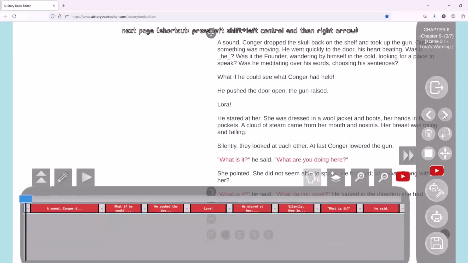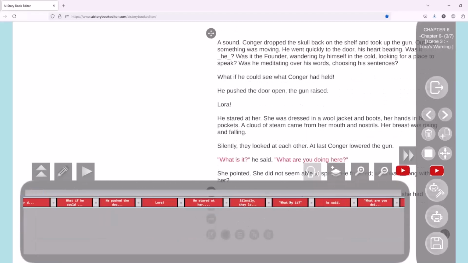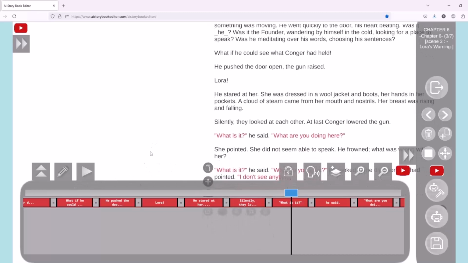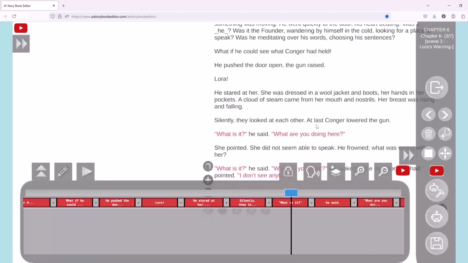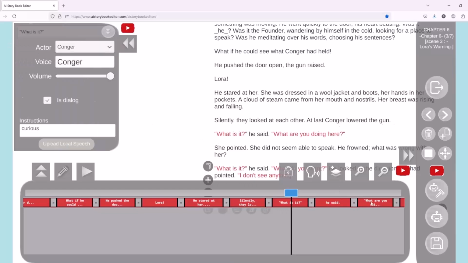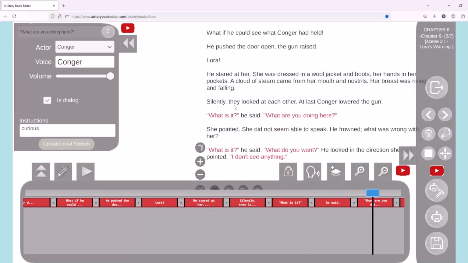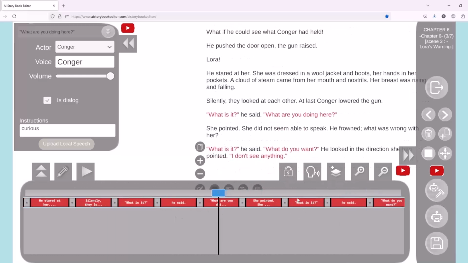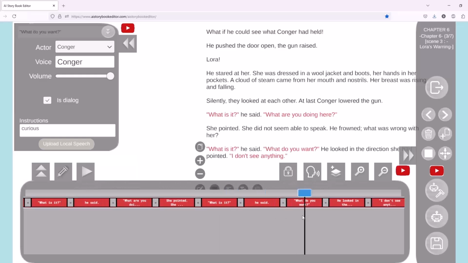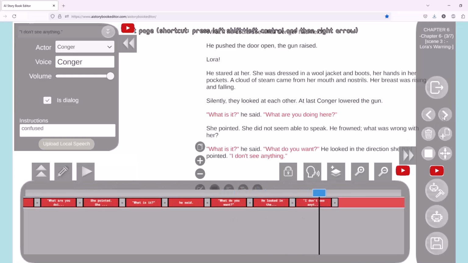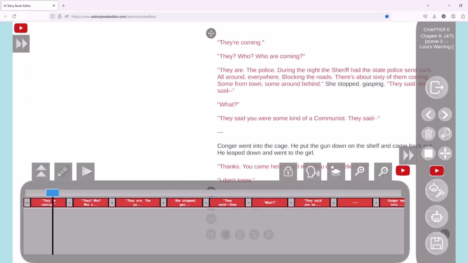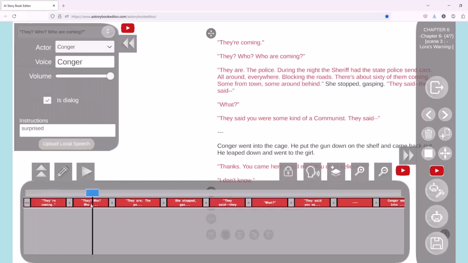Narration. Okay, what is it? Last Conger lower the gun. This is Conger. What are you doing here? Conger and Conger. And this is Laura. Conger, Laura, and Laura.